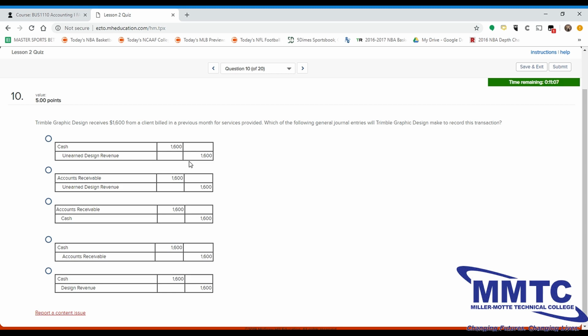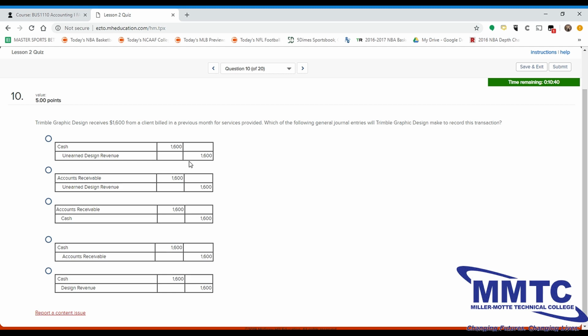Okay, so if they paid us $1,600, we know this money goes in accounts receivable because we've been waiting on it. It's something we did for them in the past. So if they paid us in this account, are we trying to increase this account or decrease this account? They just paid us, so we decrease, right?